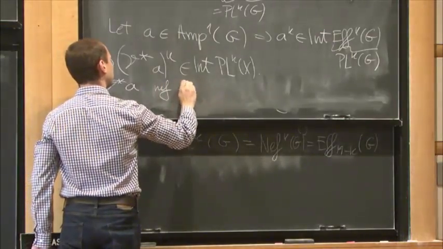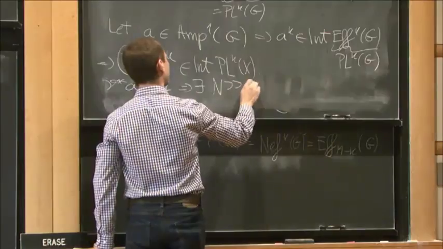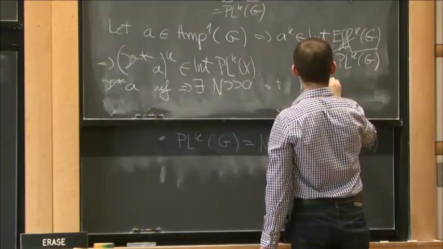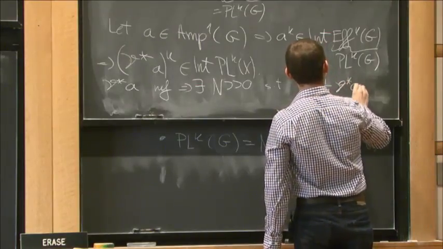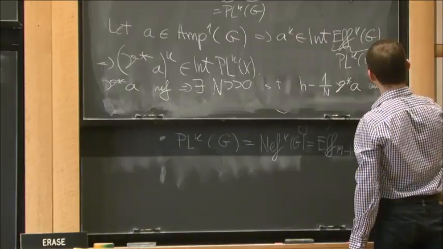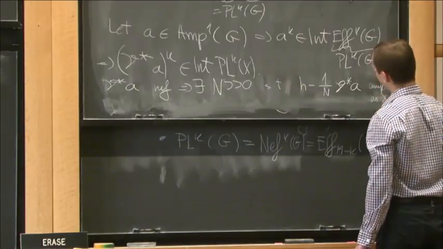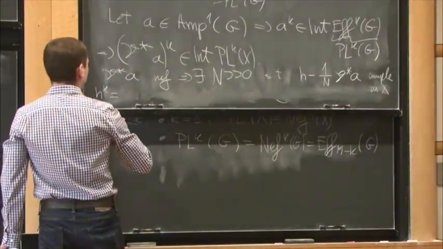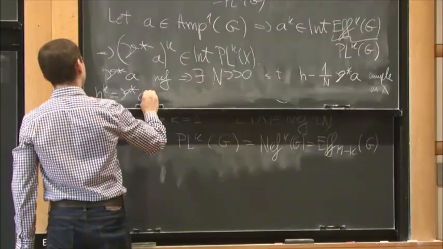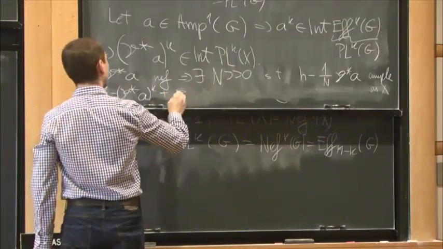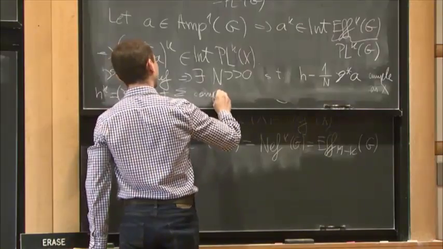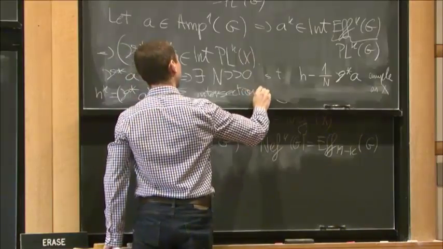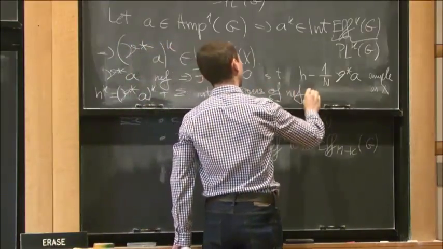So there exists some large n such that H minus 1 over n pullback of A is actually ample on X. So then when you compute H to the K, you're going to get the pullback of A to the K plus a sum of complete intersections plus a sum of intersections of nef divisors.